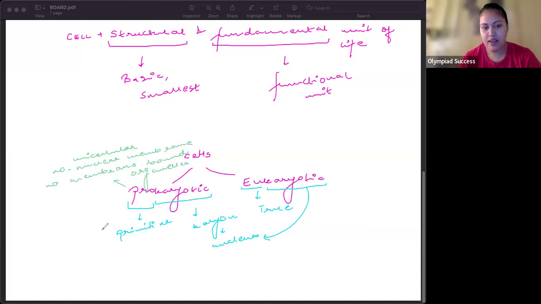Examples of prokaryotes, we have all the archaea and bacteria. Coming to eukaryotic organisms, they have a true nucleus, and they can be both multicellular or unicellular in nature.